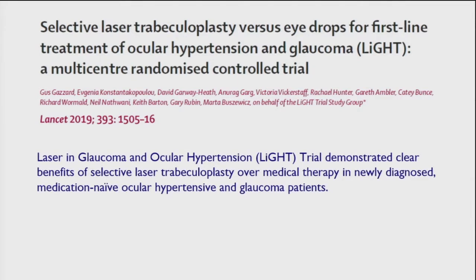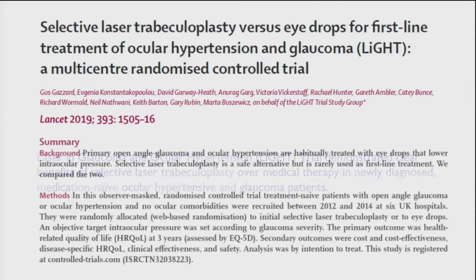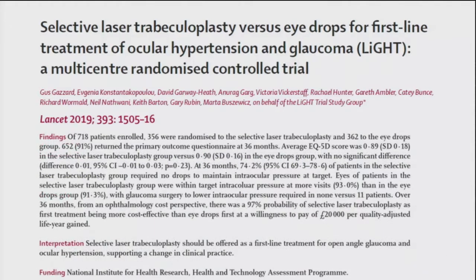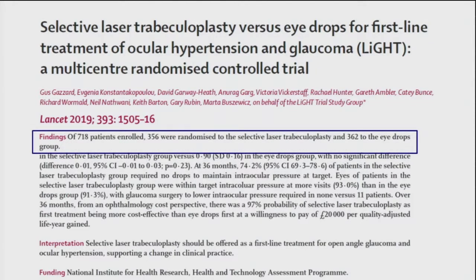The Laser in Glaucoma and Ocular Hypertension trial demonstrated clearly the benefits of SLT over medical therapy in newly diagnosed medication-naive ocular hypertension. There were 718 patients enrolled, 356 randomized to SLT, 362 to drugs.